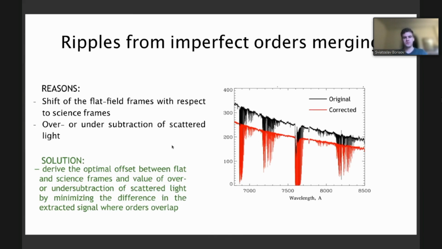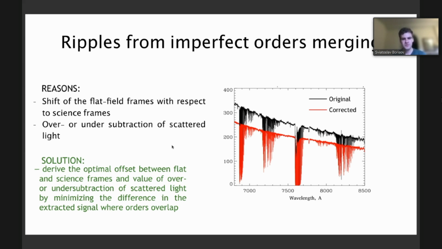So as for Echelle orders merging, as I already said when I was talking about LCO-SL, it might be due to some shifts of the flat field with respect to the science frames.